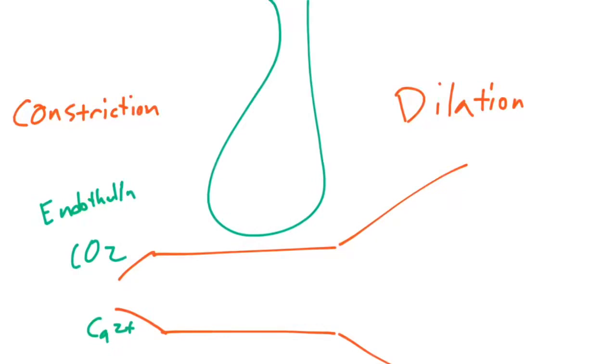And you don't need to know a ton about endothelin, other than it's a very potent vasoconstrictor. And as you recall from the cardiovascular chapter, intracellular calcium causes constriction of smooth muscle, and CO2 causes dilation of vessels everywhere else except in the pulmonary vasculature, in which it causes vasoconstriction.